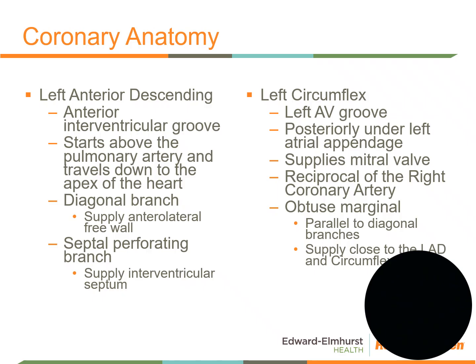Your left circumflex goes into your left AV groove, right in between the atrium and ventricle on the left side. It goes posteriorly under the left atrial appendage and supplies the mitral valve. It is the reciprocal of the right coronary artery, as I mentioned before, and has obtuse marginals, or OM branches, that branch off of the left circumflex, similar to the LAD, which has diagonal branches.